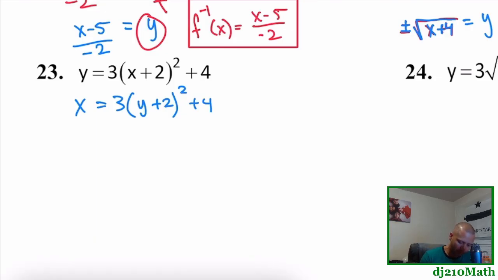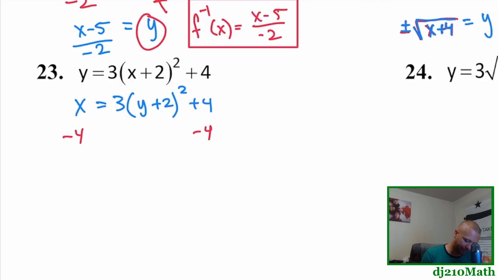I would subtract 4 from both sides. Right? You can't multiply or divide without multiplying or dividing both terms. So I always try to add and subtract first.